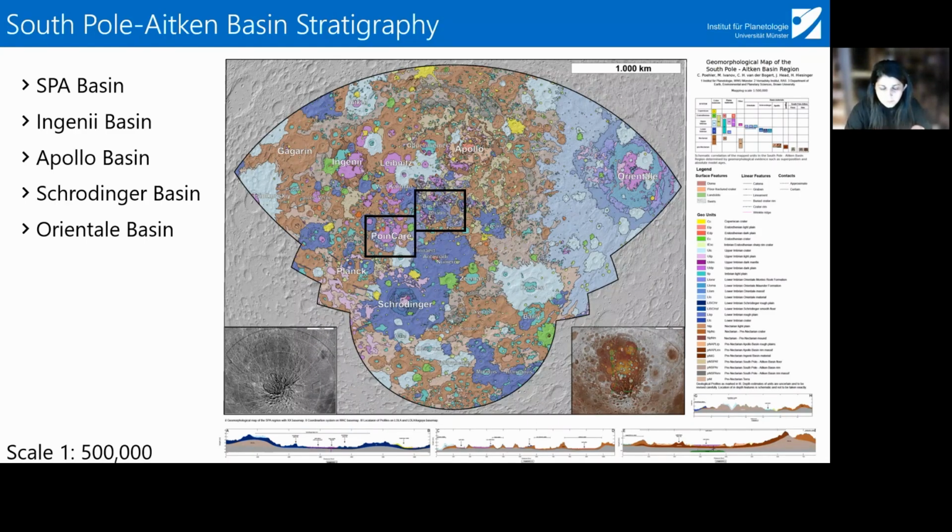The region around the Bhabha and Bose crater is considered a center of the SPA basin. That could be the region representing the floor of the SPA basin. So now next slide, please.